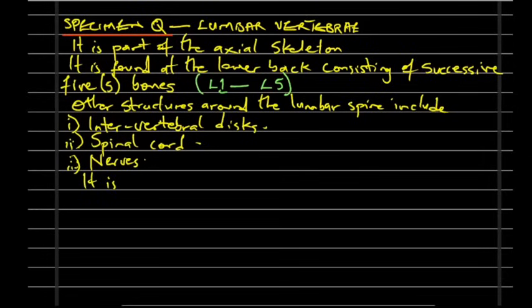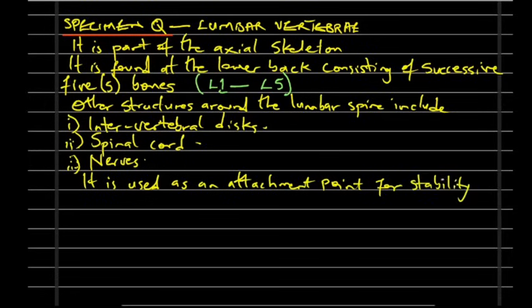The lumbar vertebrae is used as an attachment point for stability and protection. These are part of the functions of the lumbar vertebrae and the spinal cord.